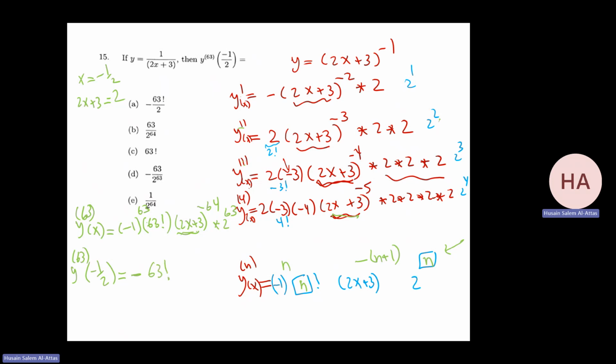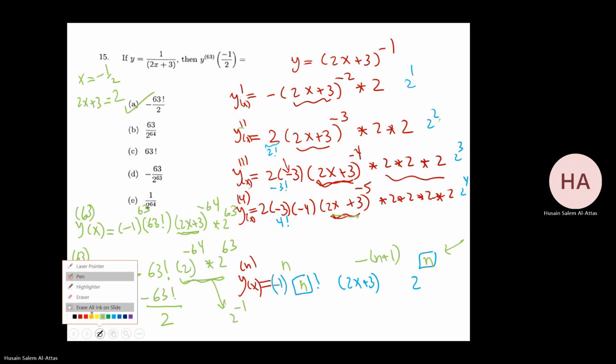Here we say this is 2. So times 2 to the power minus 64 times 2 to the power 63. What is this? This is 2 to the power minus 1. So this will be minus 63 factorial over 2. Yeah, we get the answer, which is this one.